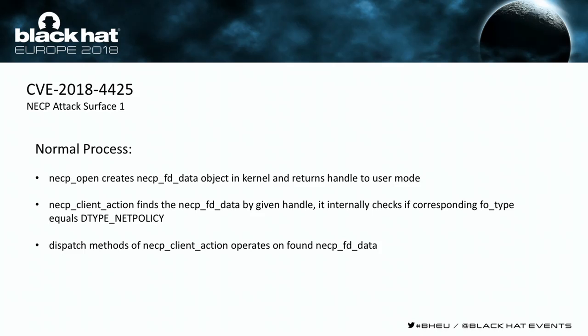And then you can call the NECP client action with the returned handle to call the sub client actions. This function will find the NECP FD data according to your given handle. The algorithm is very simple. It just checks if the type is the type net policy. If yes, it will call the following sub-client functions.